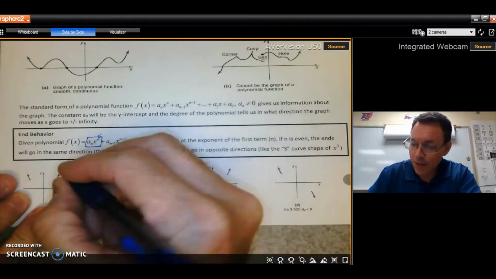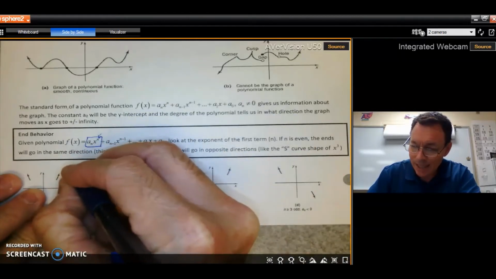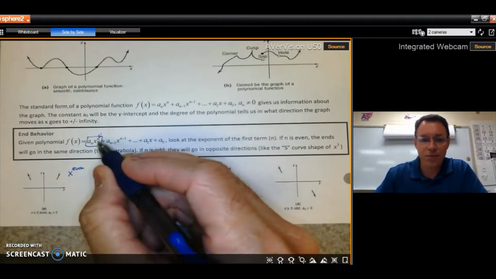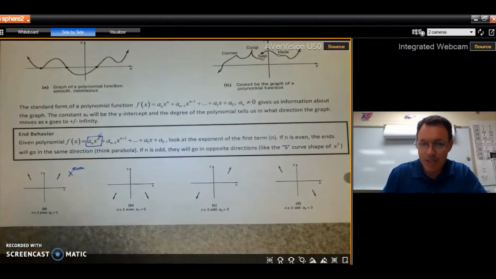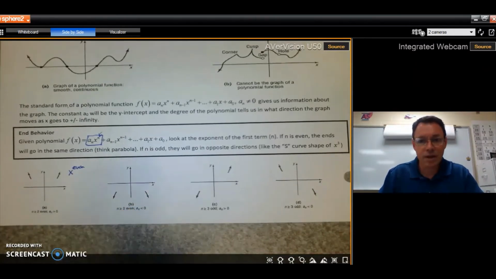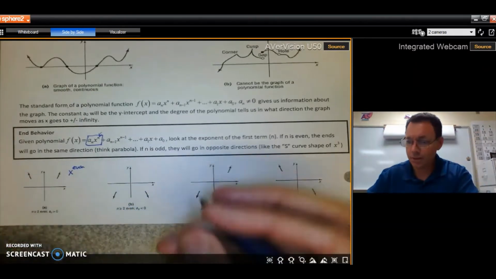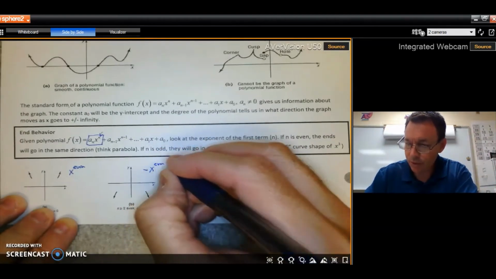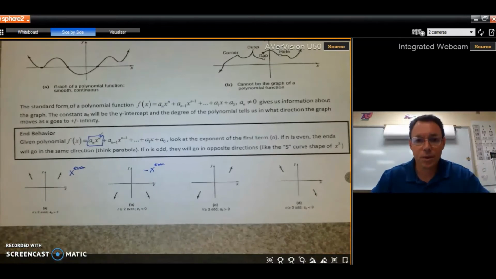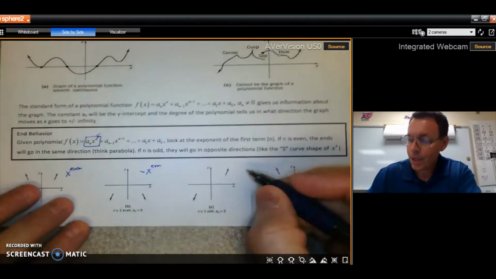And actually what we find is x to any even power, whether that is a 4 or a 6 or a 22, the ends of the graph will go up and up. Well, what would make the ends of the graph get flipped? If you have a negative x to an even power, that's going to make your graph flip and go upside down.